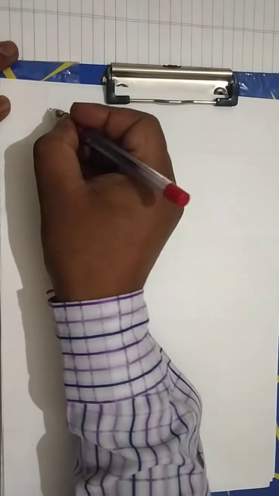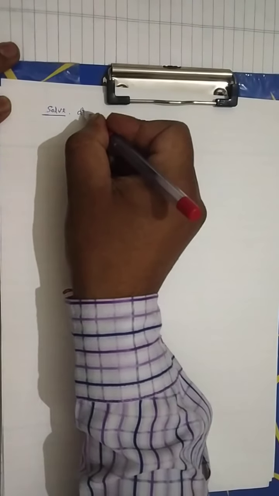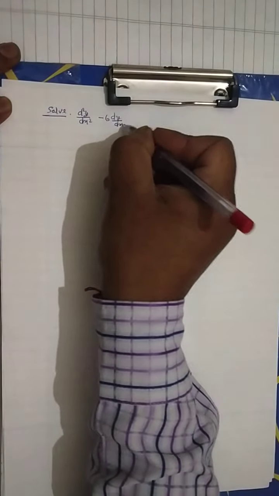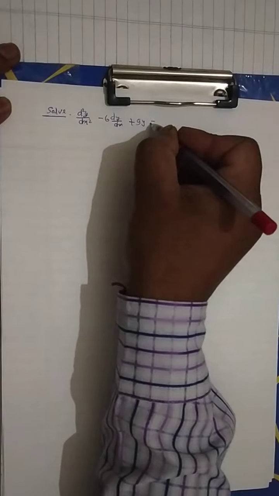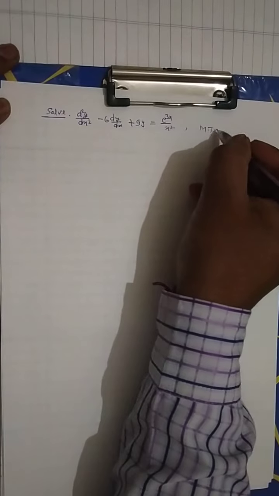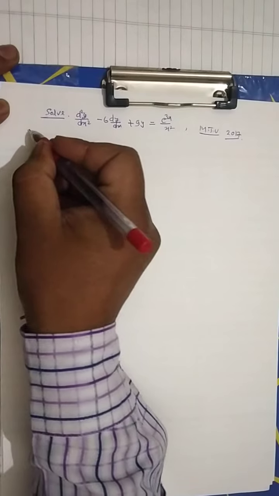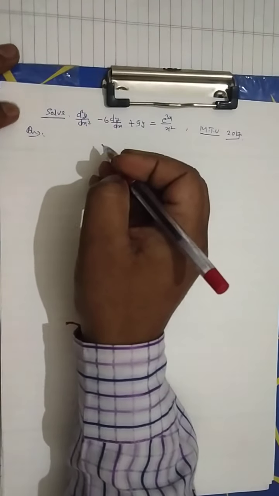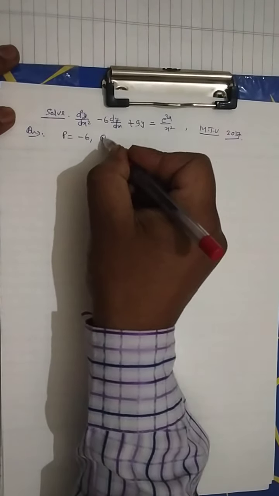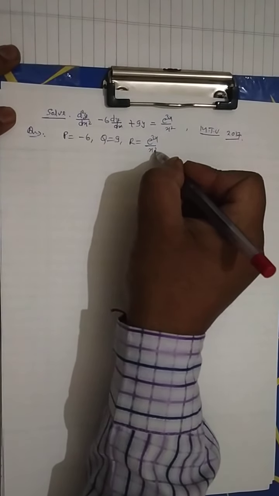Solve the next problem. The problem is d2y upon dx2 minus 6 dy upon dx plus 9y equal to e to the power 3x upon x square. Solution: comparing with the standard form, we get p is equal to minus 6, q equal to 9, r equal to e to the power 3x upon x square.